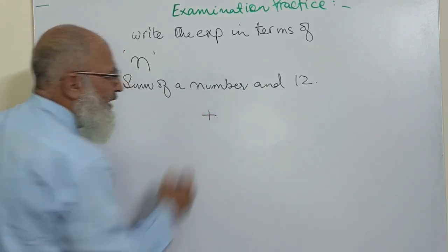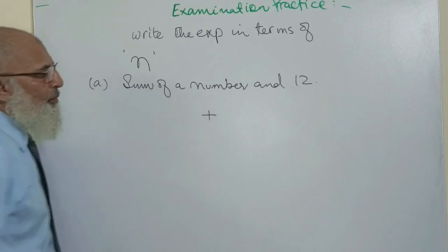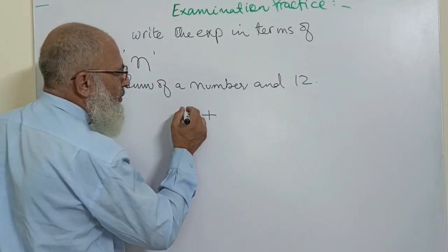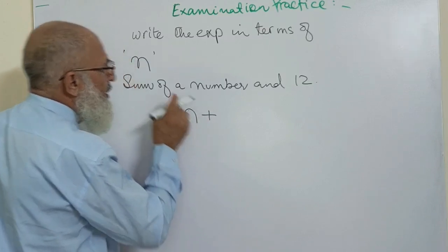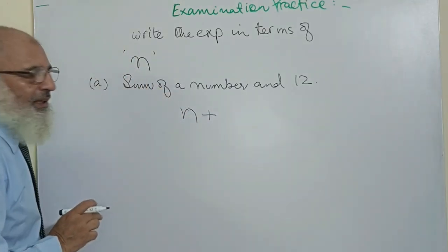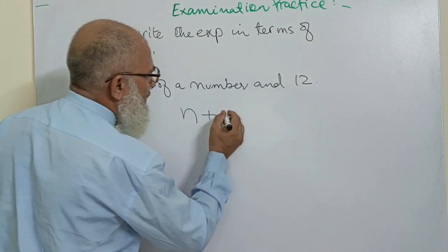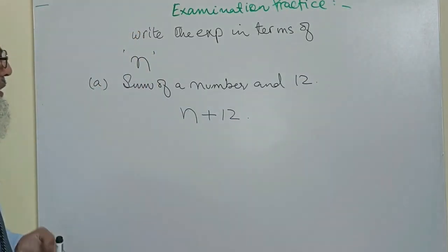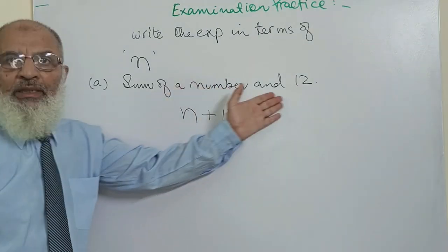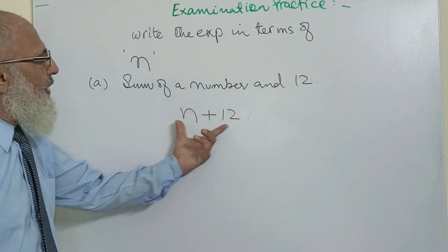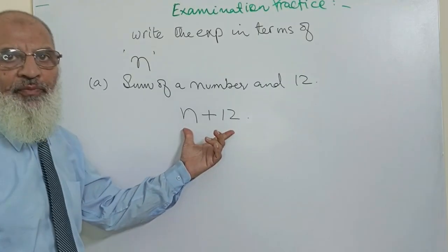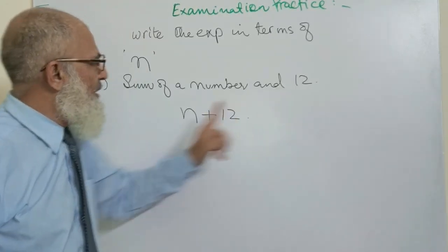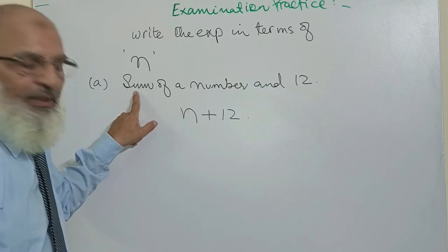That means there must be a positive sign, sum of a number, and the number is already given, that is n, and it is 12. This was written in English. We have converted it into the language of mathematics where n is given, 12 is given, and we have to find the sum.